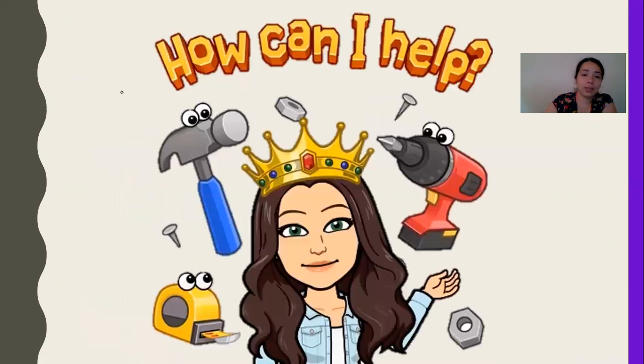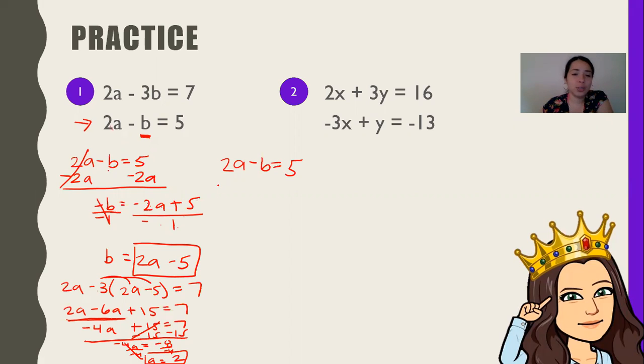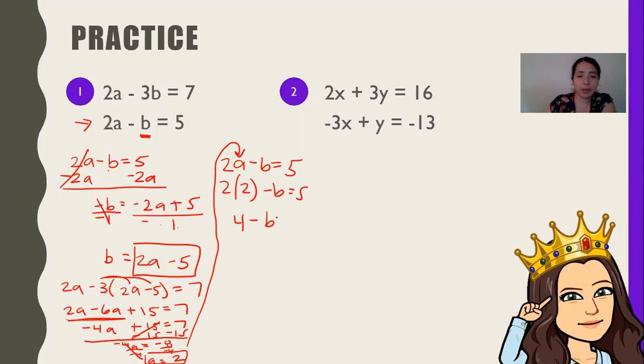Okay, so we're going to plug that in. 2 times 2, because remember, this right here, A, it's going to go in here. Minus B equals 5. 2 times 2 is 4, minus B equals 5. And then we're going to subtract 4 on each side. 5 minus 4 is 1.